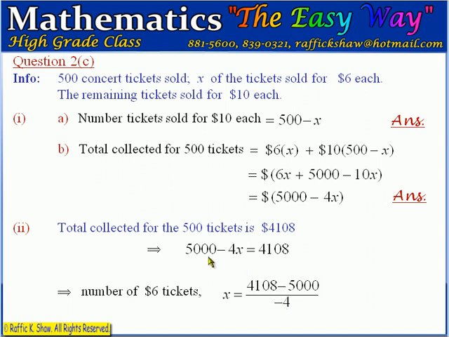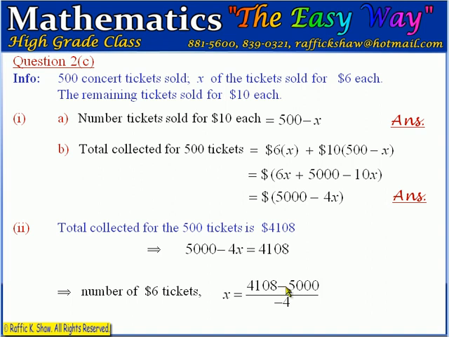And to explain that, we subtract the 5,000 first and end up with this expression on the numerator, and then we divide by the minus 4 here, and so we end up with x being equal to 4,108 minus this 5,000 on this side, and then divide by this negative 4.